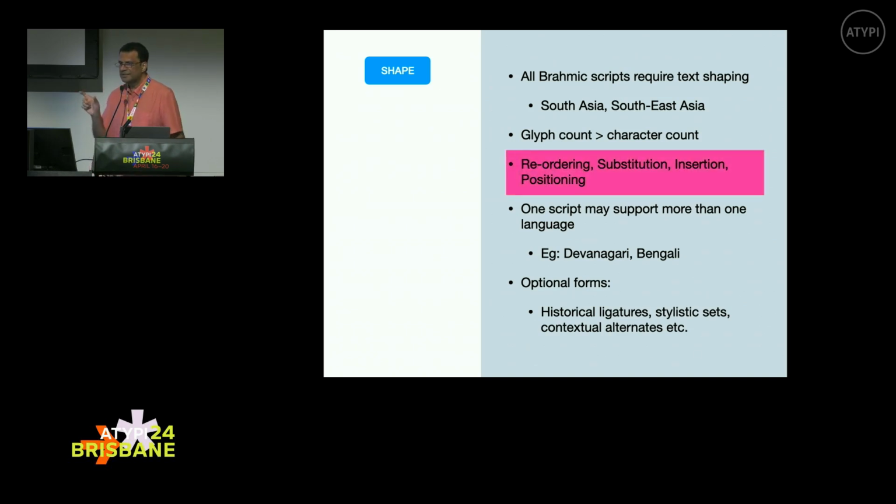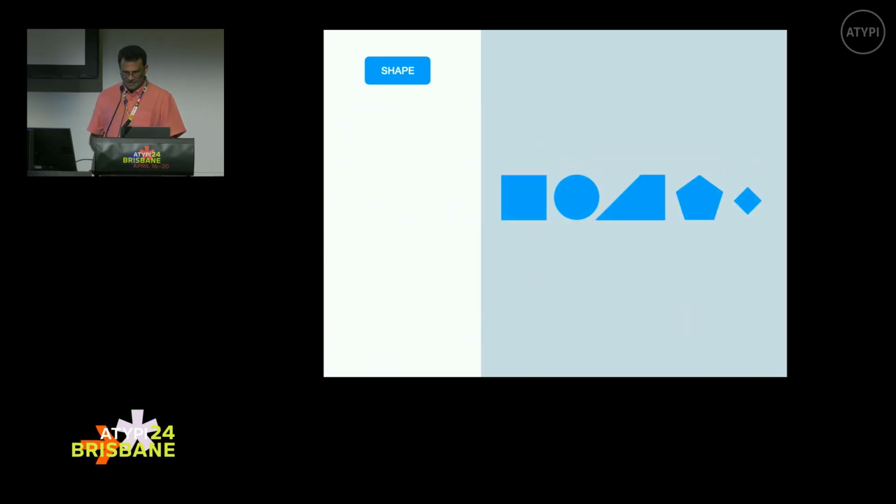I'm going to talk about this in particular: reordering, substitution, insertion, just to demonstrate why these are called complex scripts. Assume that these are all characters, because if I put real characters, it may not make sense to you. So these are different characters, and different shapes. Sometimes two characters get substituted into one. The second character will not make sense if it stands alone, so you get substitution. Sometimes a character gets inserted.